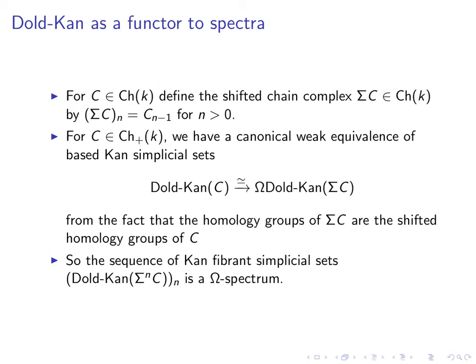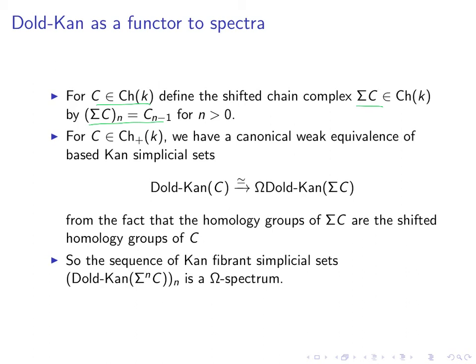So far we've defined Dold-Kan as a functor to simplicial sets, and here's how to turn it into spectra. So we start with first a general piece of terminology. If C is a chain complex, possibly unbounded, then the shifted chain complex is denoted sigma C, and basically it's a shift to the left: shift all the terms one unit to the left.